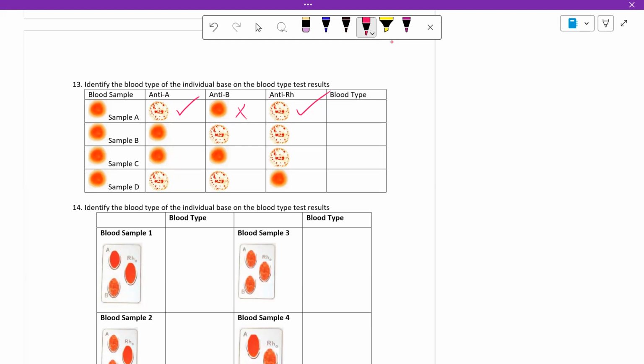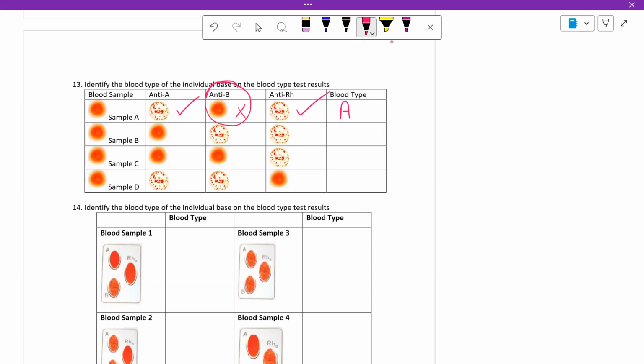That's not what we're talking about. We already have the anti-A in the well, and you're trying to see whether or not the blood is reacting to it. So the fact that the sample reacts with anti-A tells you the person has the A antigen.